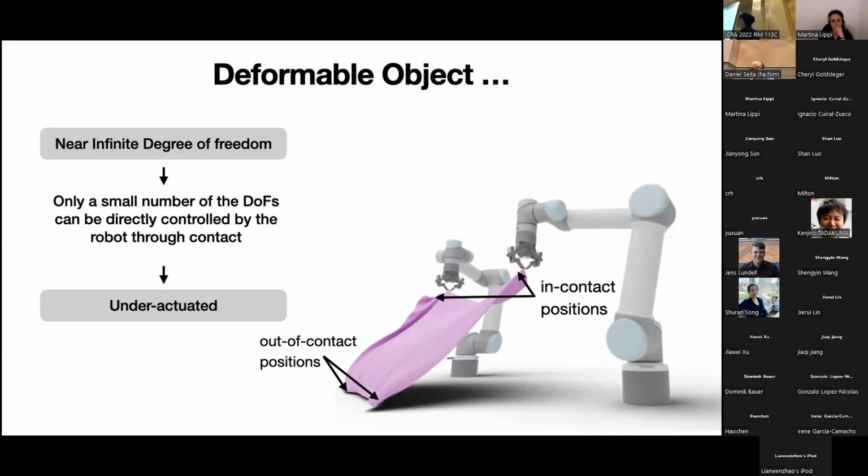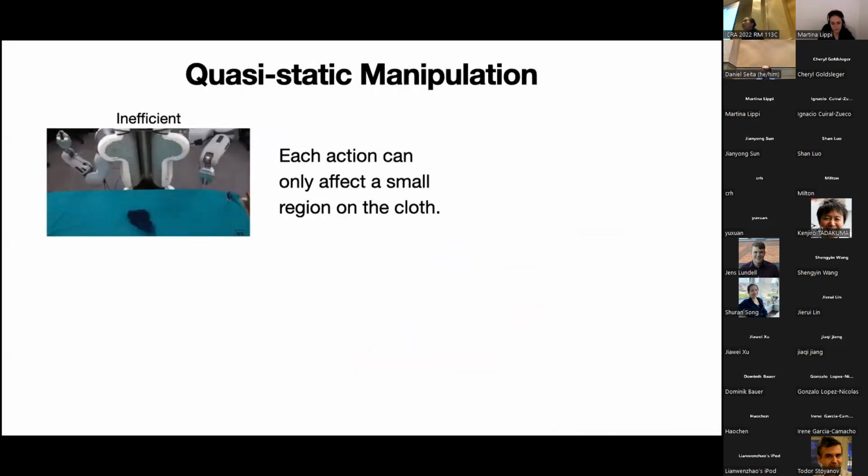For example, if a robot is holding a cloth, all it can control is a very small region of the cloth around the gripper, and the rest of the cloth is just hanging there, and the system does not have any direct control over those out-of-contact positions. As a result, a lot of actions or action primitives that we designed for manipulating rigid objects are highly inefficient when dealing with deformable objects, because during each interaction, the system can only affect a very small region of the object compared to its total degrees of freedom.